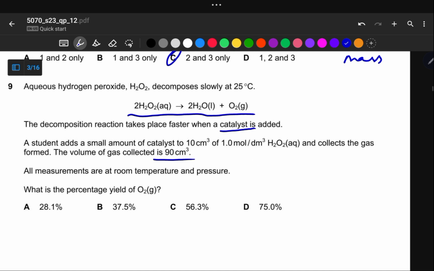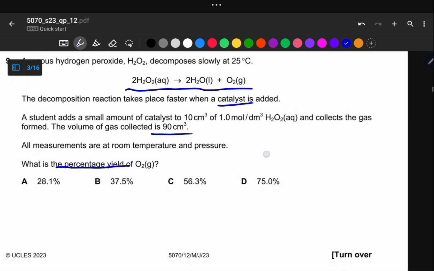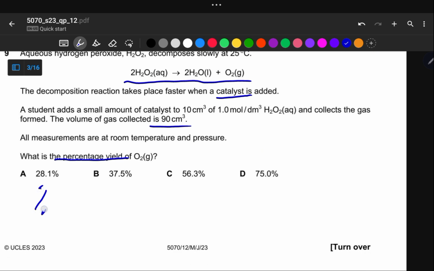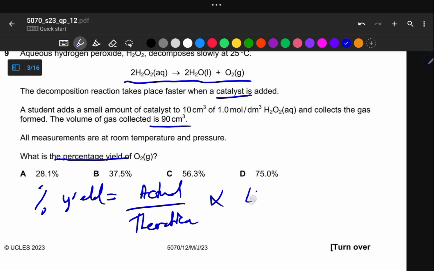We are required to calculate the percentage yield of oxygen gas. So percentage yield is equal to actual over theoretical times 100. This is the formula for the percentage yield, right?